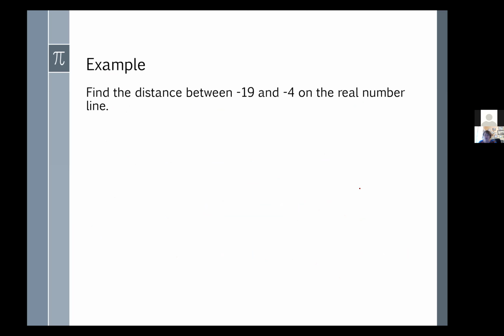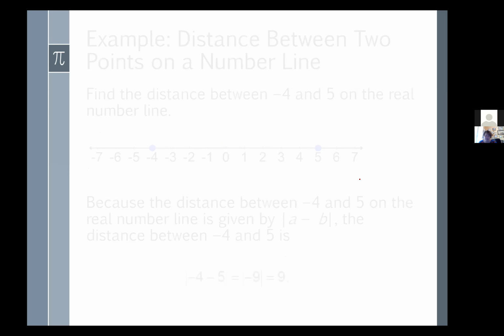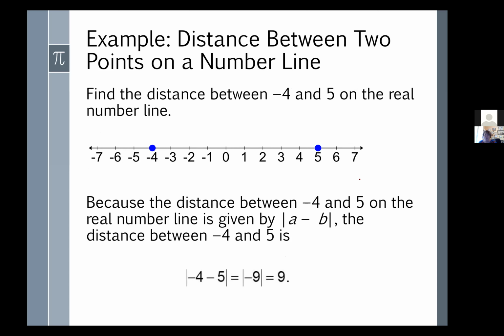So we can look at the number line and determine an absolute value as a distance between two numbers on the number line. So find the distance between -19 and -4 on the number line. Let's do this one first. Find the distance between -4 and 5 on the number line.